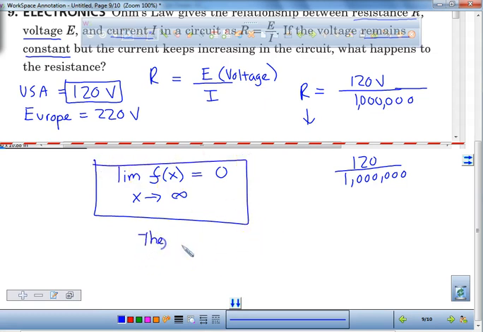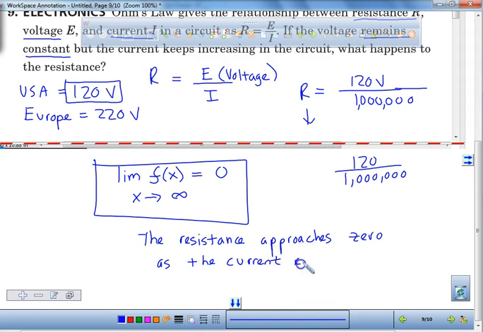The resistance approaches 0 as the current continues to increase.